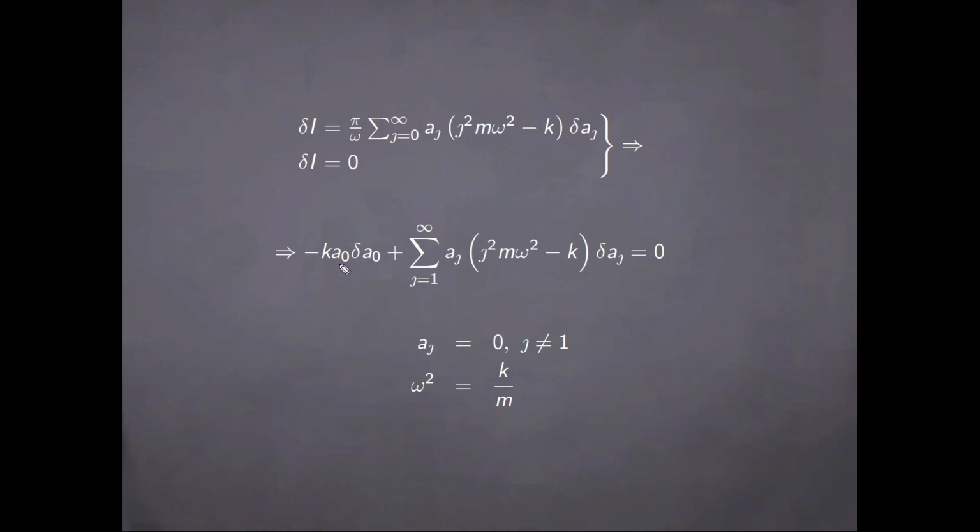So it is then clear from this expression that A0 has to be equal with 0, and furthermore that all coefficients save for one of them must vanish. The particular coefficient which we restrict to be non-vanishing is the one for j equals 1, and for that particular coefficient it will follow that if the coefficient is non-vanishing, then the parenthesis must be equal to 0, when as such omega squared is equal with k over m.